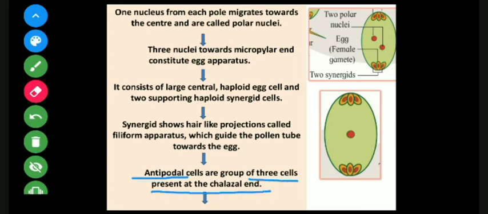Okay, towards the chalazal end. Remember, I am telling you again and again that it was a free nuclear division. Free nuclear division means it has not undergone cytoplasmic division.